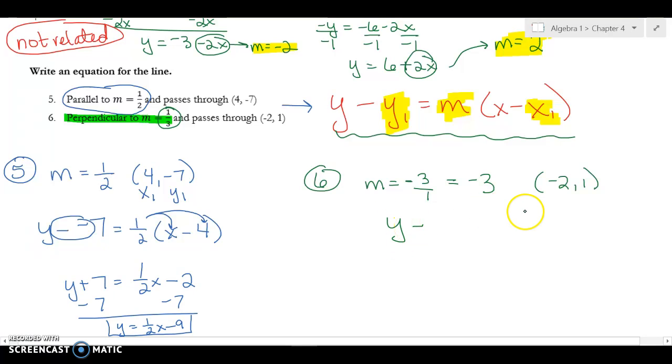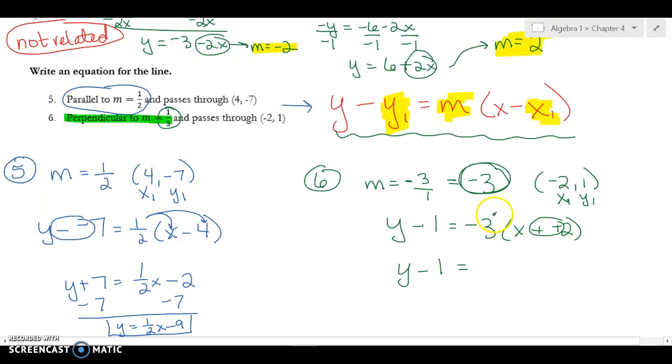It'll be y minus y1, which is 1, equals my slope, the one that I flipped and changed, negative 3, times x minus negative 2. So I get y minus 1. These two become plus. Negative 3 times x is negative 3x, and negative 3 times a positive 2 is negative 6. Now I'm going to add 1 to both sides, so I get y is equal to negative 3x minus 5.